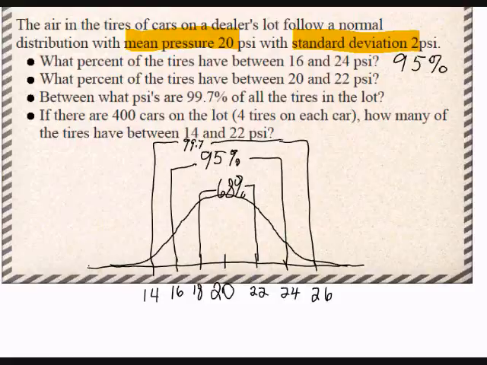Now it gets a little tricky. Between 18 and 22 it's 68%, and this distribution is symmetric. If I divided it right in the middle, I should get 34 and 34. So from 20 to 22 would be half of 68, which is 34%.